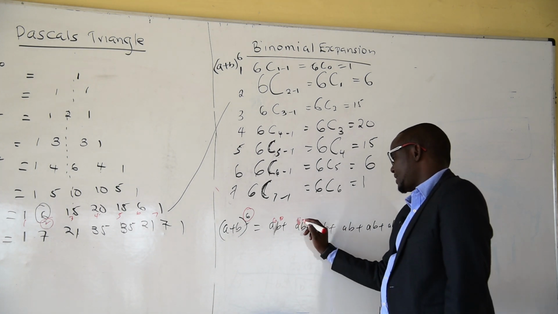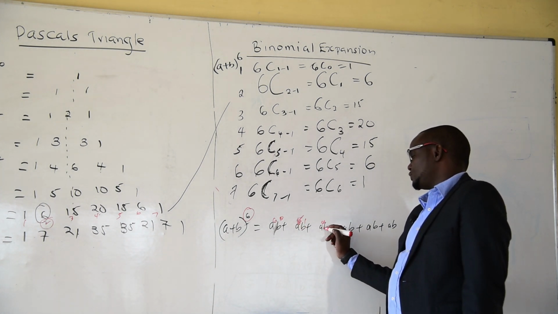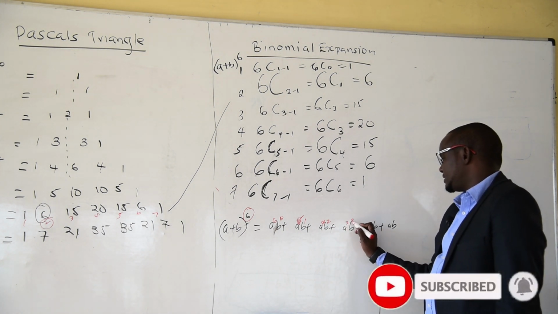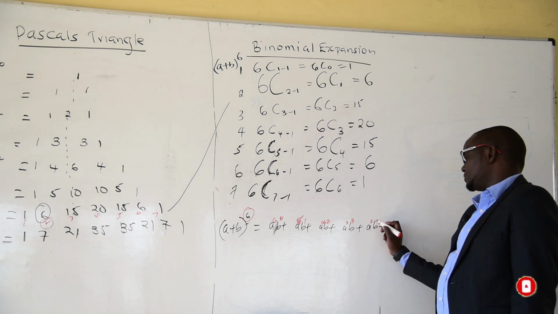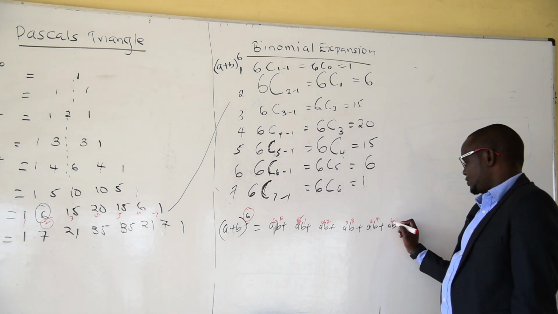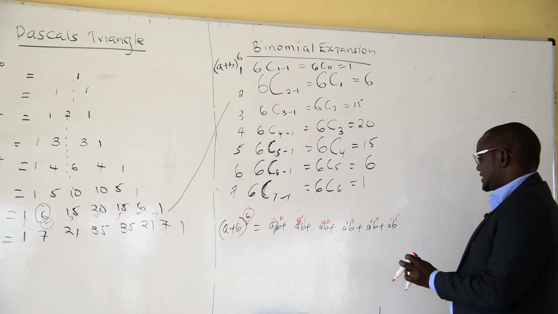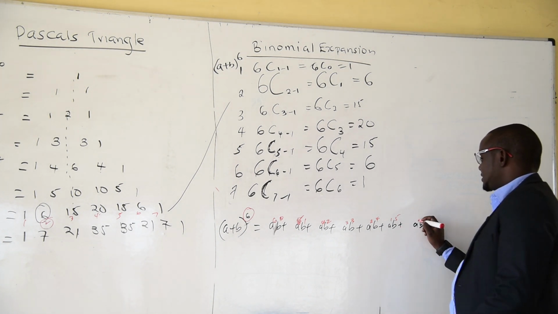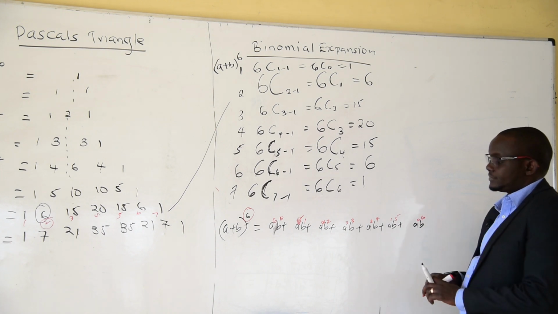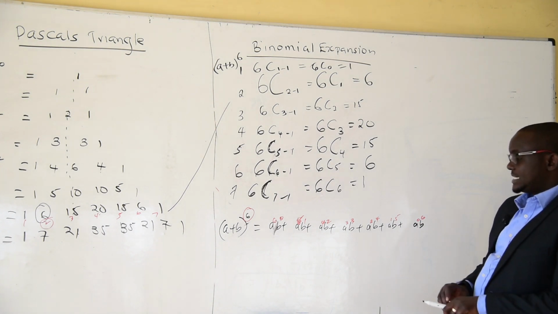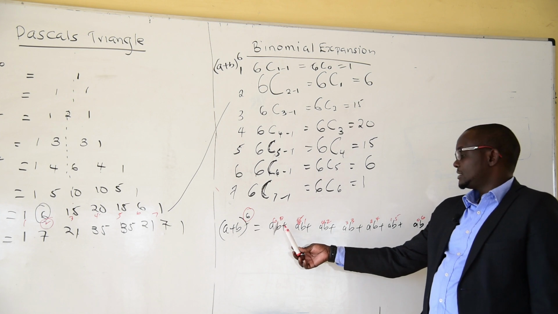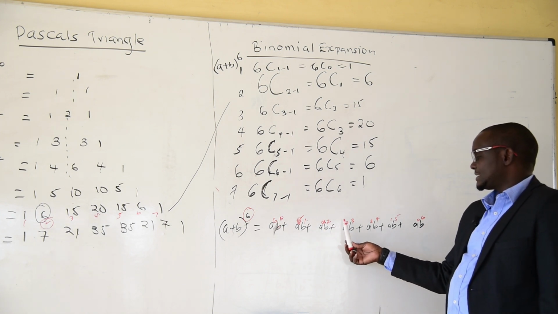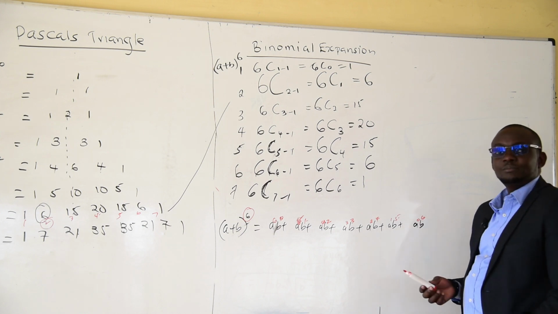You go to a 4, b 2. You go to a 3, b 3. Then a 2, b 4. You go to a 1, b 5. Last and not least, you will have a 0, b 6. I want you to observe a trend: a is power 6, b is power 0. The powers of b continue to increase.